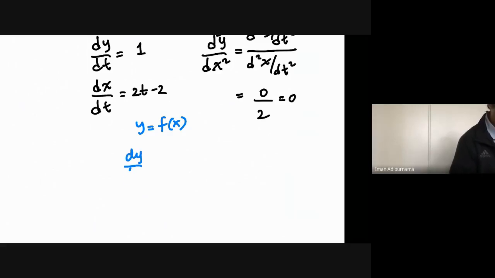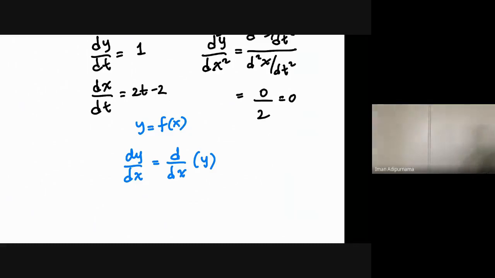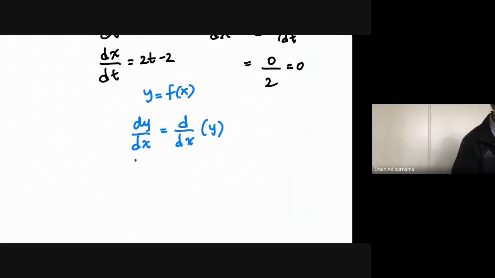If I write dy over dx, it's actually the tool d over dx applied to y, right? The second derivative means we differentiate one more time.